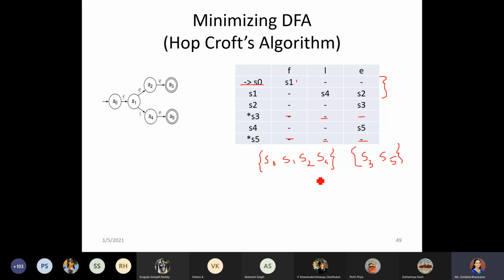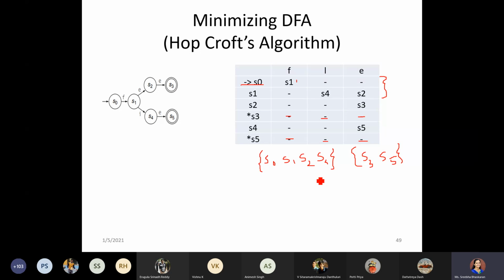Now when you are seeing the transitions, with respect to the F transition, we have the state S1, and the other is an empty set. There is nothing. Now we have to see whether in the previous partition we have the same contents, whether they are in the same group or not.